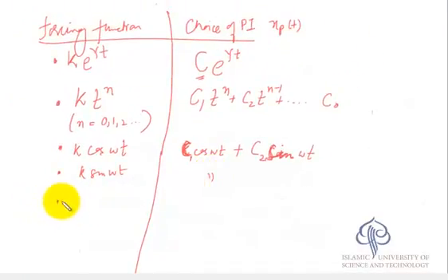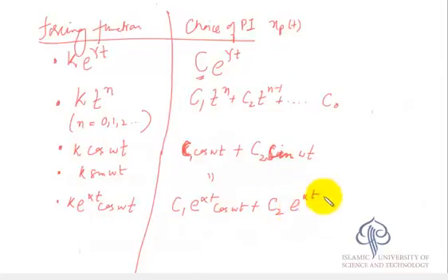If it is, for example, say k e to the power alpha t cos omega t, you should get c1 e to the power alpha t cos omega t plus c2 e to the power alpha t sine omega t, because this is the form of the general derivative that you will get.